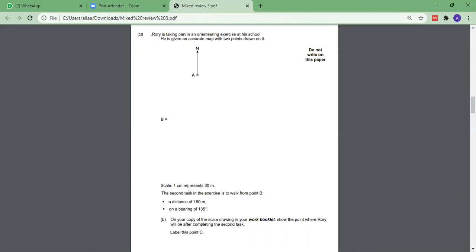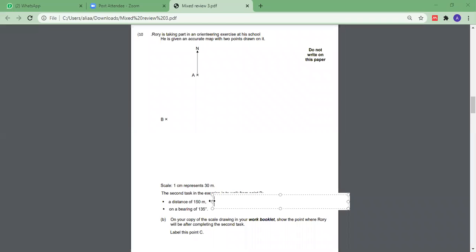The second task in the exercise is to walk from point B a distance of 150 meters. First of all, I need to know 150 meters in centimeters. I will divide by 30, which will be 50 centimeters, right?